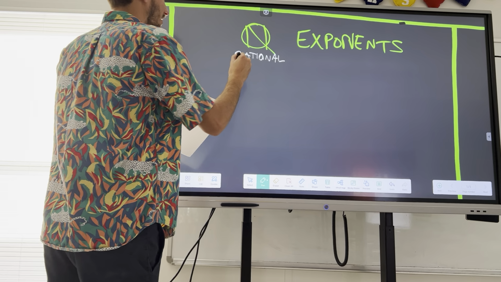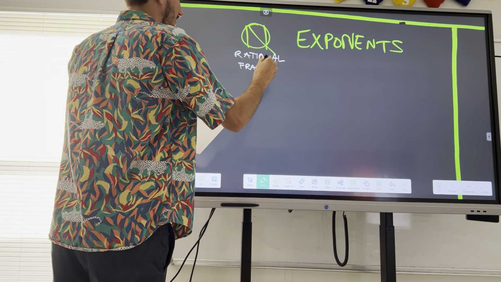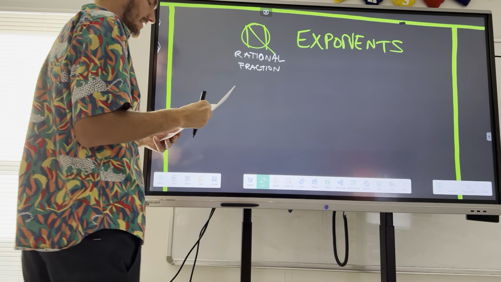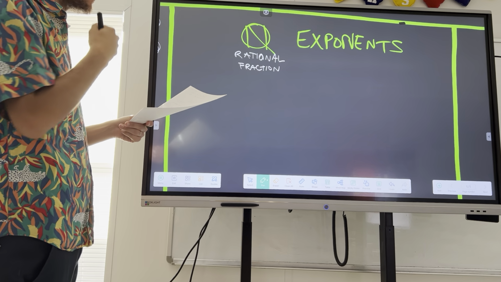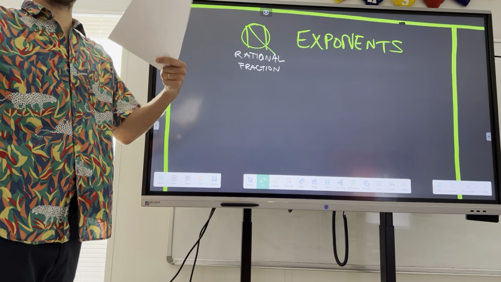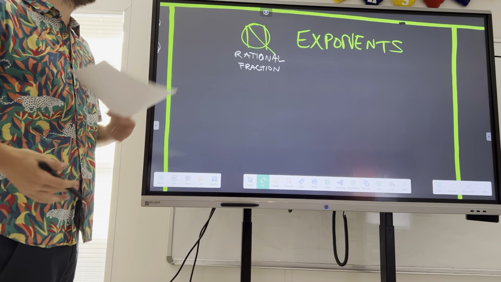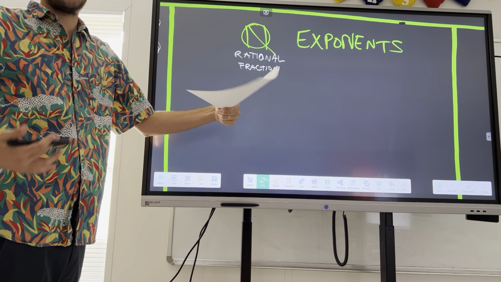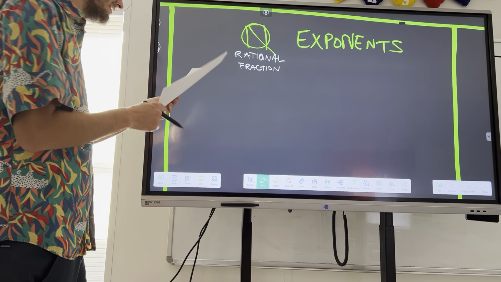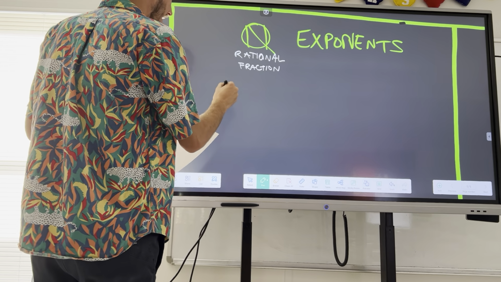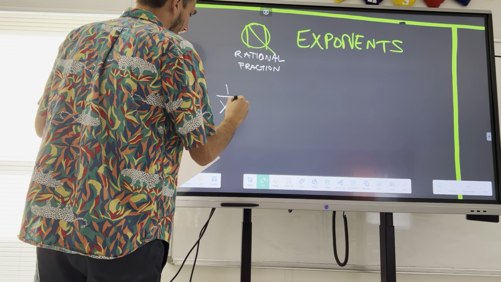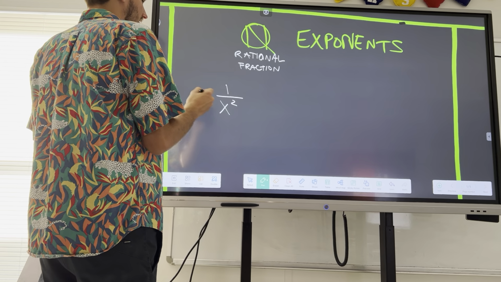Sweet. So we're going to be talking about how you deal with fraction exponents. This is a big thing because if we're doing the power rule, we know how to handle exponents. And if we see weird exponents, we have to know what that stuff means. So the first one we want to look at is 1 divided by x squared.